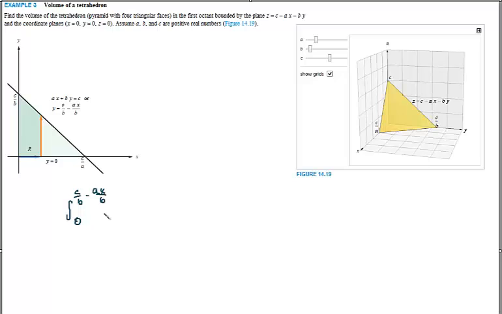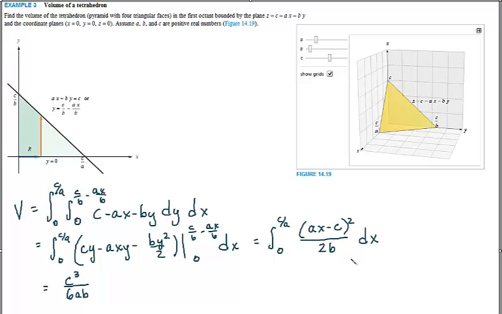And then what I would have next is my z function, which is c minus ax minus by, and these were limits with respect to y. For my dx, I figure out how it is that the top and bottom, what this would be, and this goes from c over a to 0, and this would be my setup for my integral. So I'll get that completed.